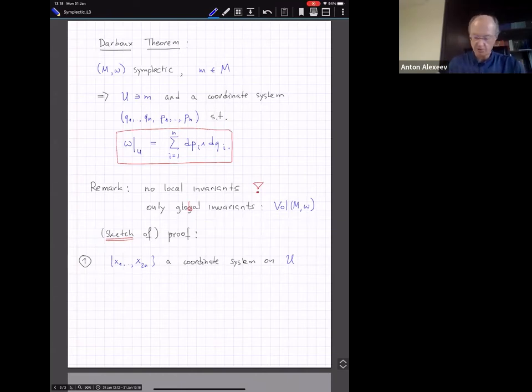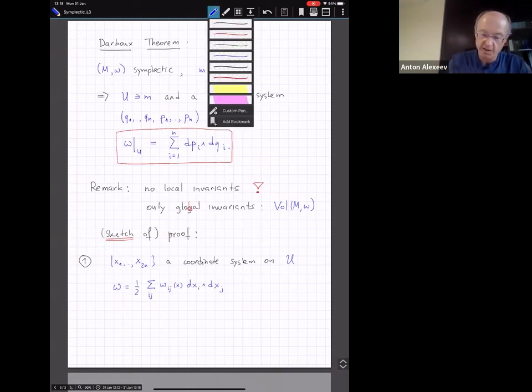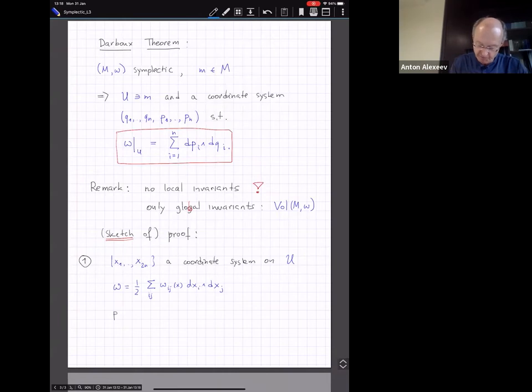Okay, so omega has any symplectic form in a local chart. It looks like this, where omega ij are some functions of x. So this is a skew-symmetric matrix, which depends on x. And I introduce the following notation.